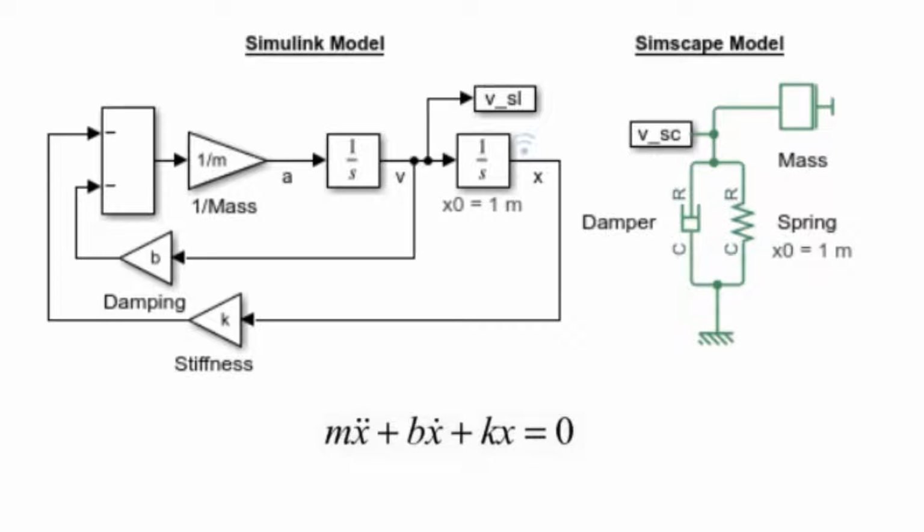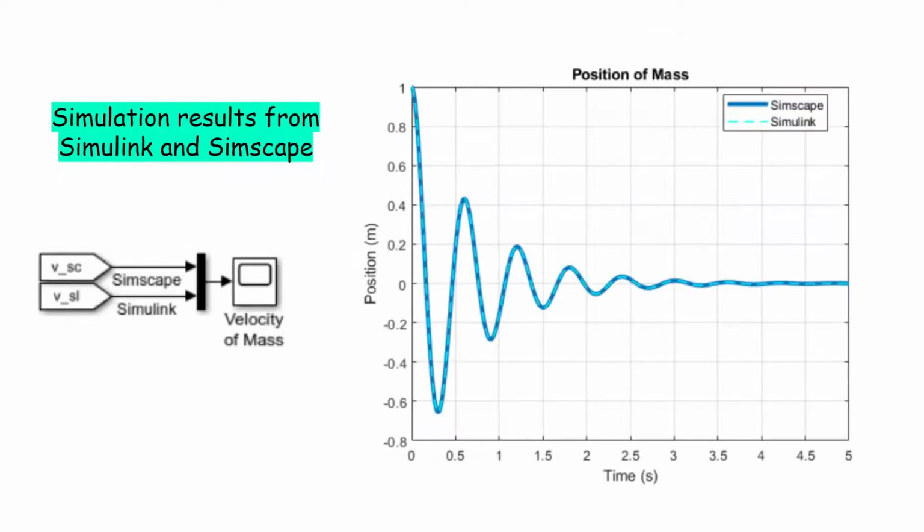The initial deflection of the spring in this model is considered as 1 meter, and this is shown in the block parameters for the spring and for the integrator blocks. And these are the simulation results from both Simulink and Simscape. We can clearly notice that both of the results agree with each other and are perfectly overlapping.